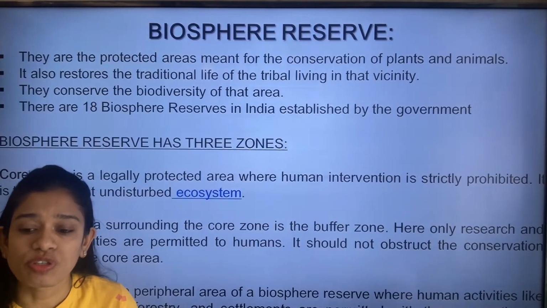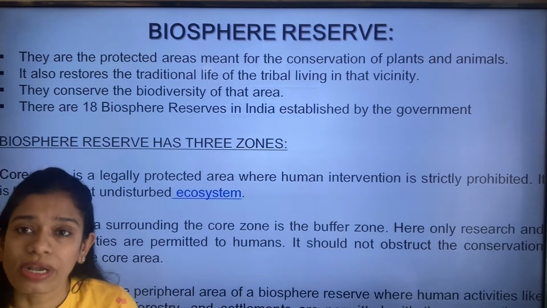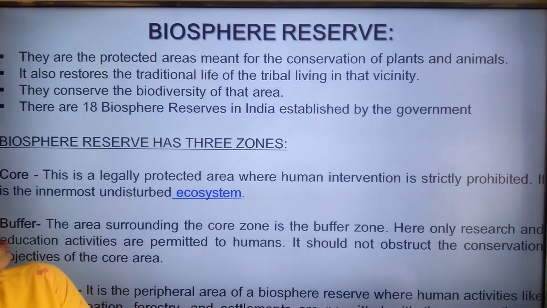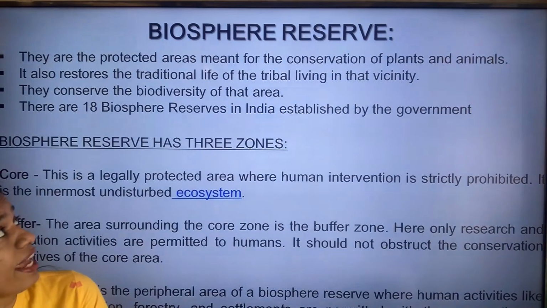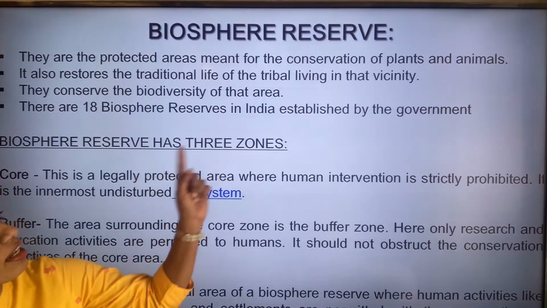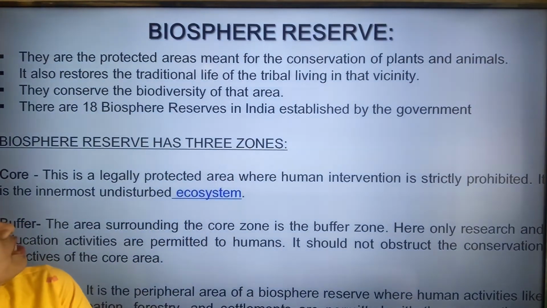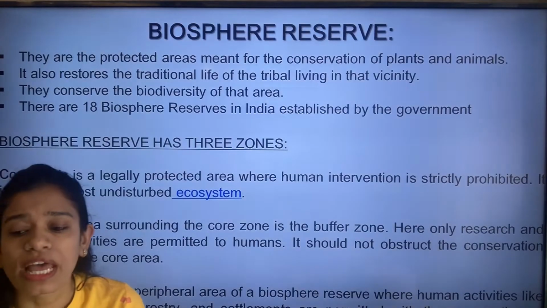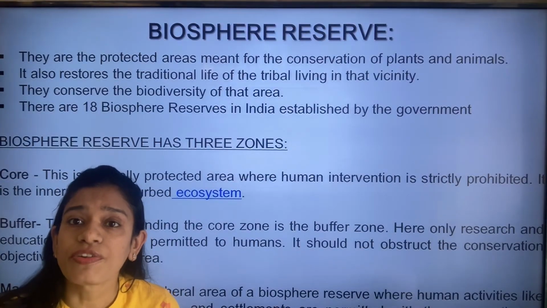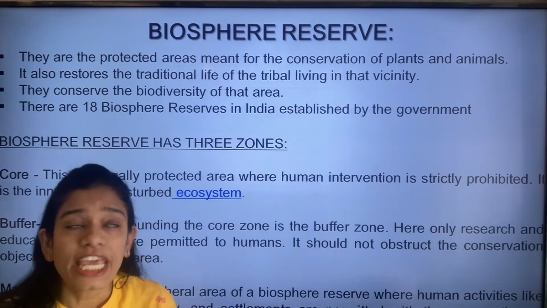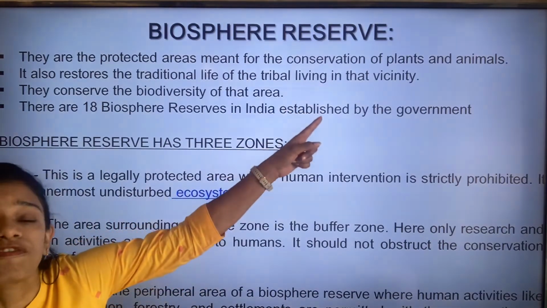First is the Biosphere Reserve. So what is a Biosphere Reserve? They are protected areas meant for the conservation of plants and animals. They also protect the traditional tribal living in the vicinity.